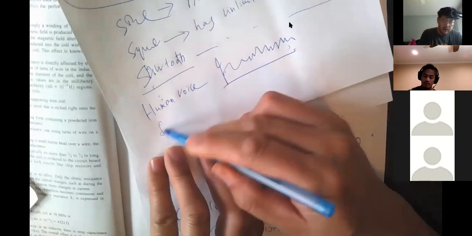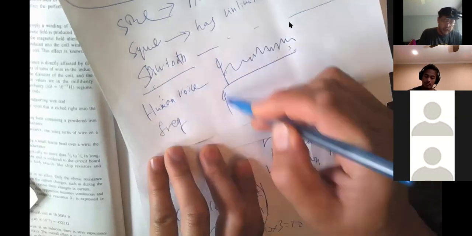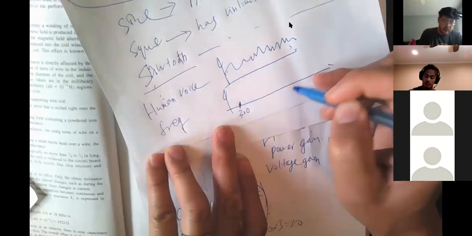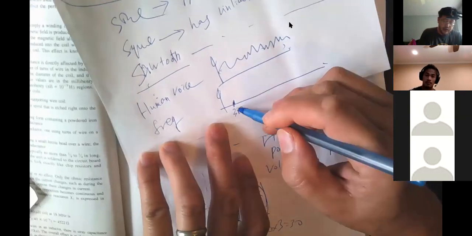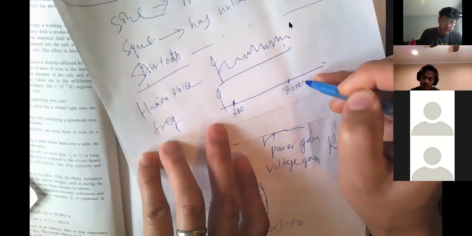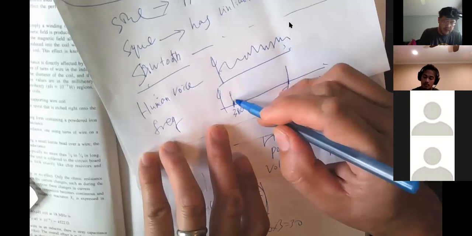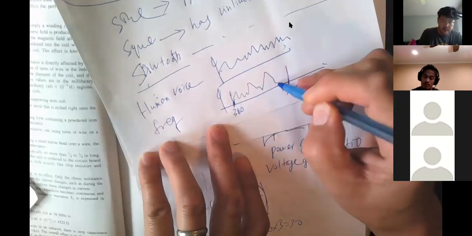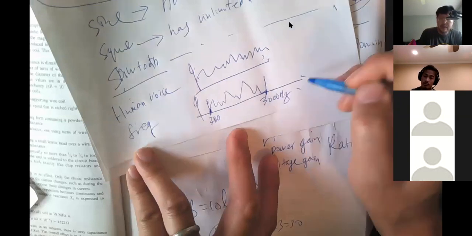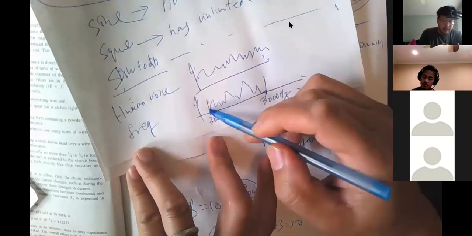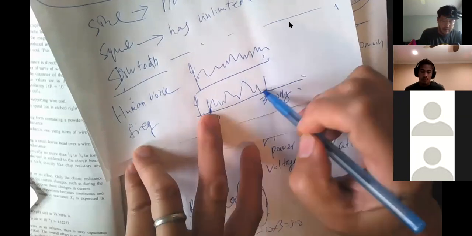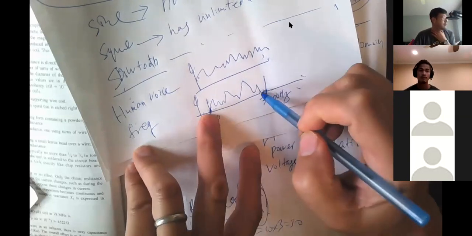We found out human voice generally is between 300 to maybe 3000 hertz. There are components above 3000 and under 300, but the majority of our human voice, when we talk, is between that range.